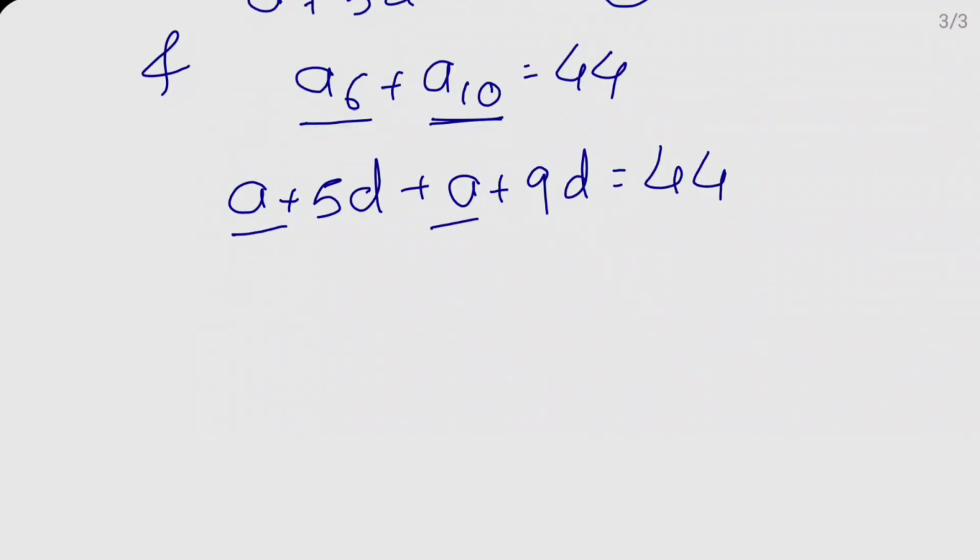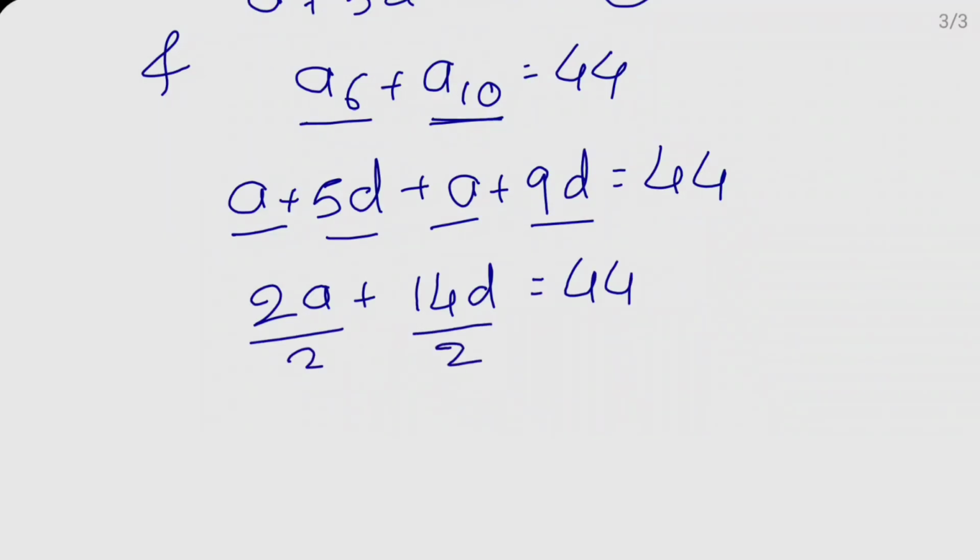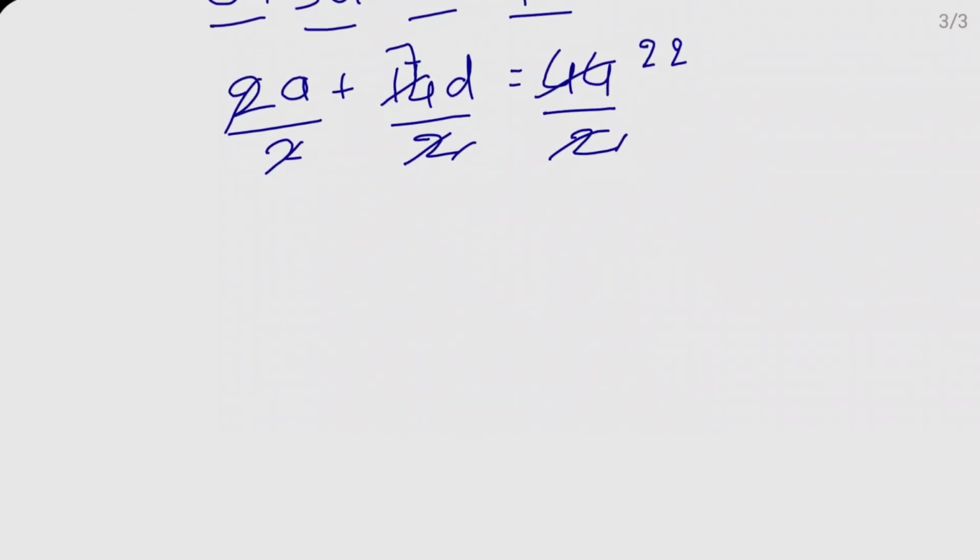So a plus a is 2a and plus 5d plus 9d we got 14d and this equal to 44. So now the whole equation is divided by 2. So 2 to get cancelled, 2 ones are 2, 2 sevens are 14, 2 twenty-twos are 44. So write down remaining term here.